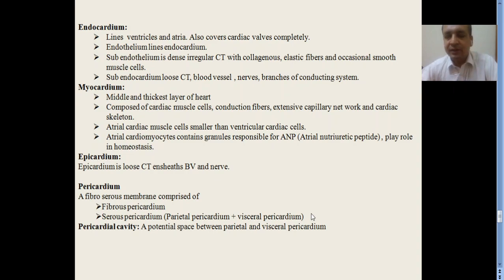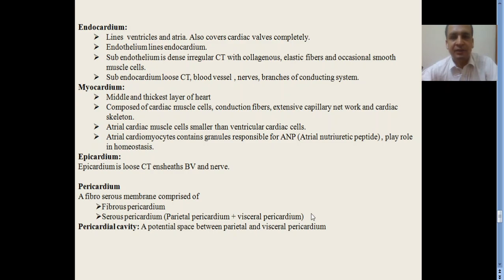The next layer is the myocardium. Myocardium, as the name indicates, myo means muscle. It is such a layer that mostly consists of muscle cells, and these muscle cells are known as cardiomyocytes.